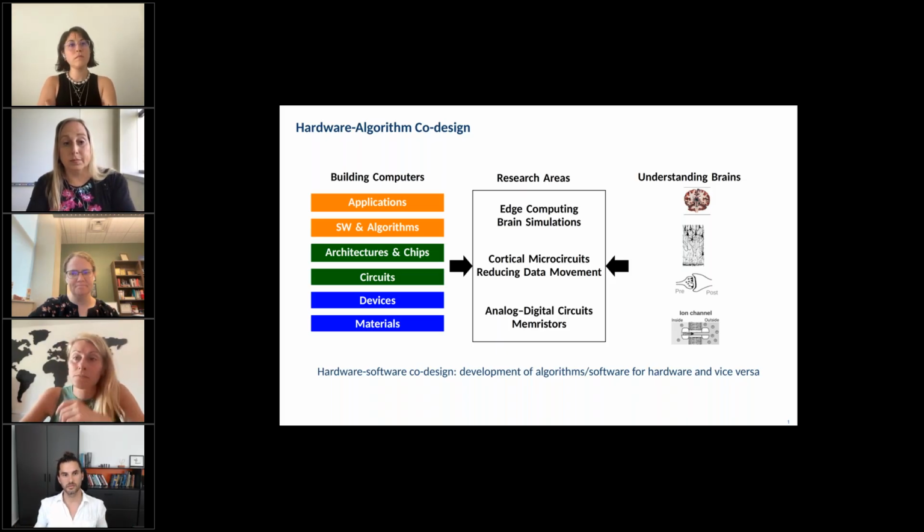This is really trying to build new computers that take advantage of the physical substrate given by devices, materials, architectures, all the way up to the applications, taking inspiration from how brains work. There is a lot of injection, at least on our side, of machine learning principles because we know they work.